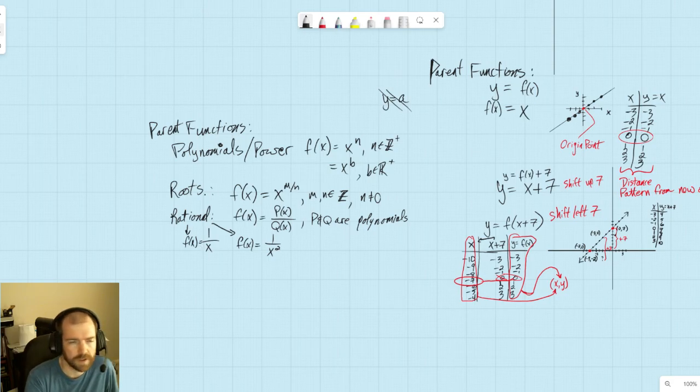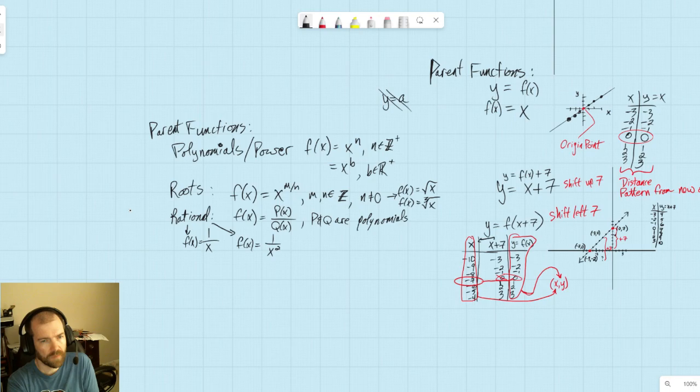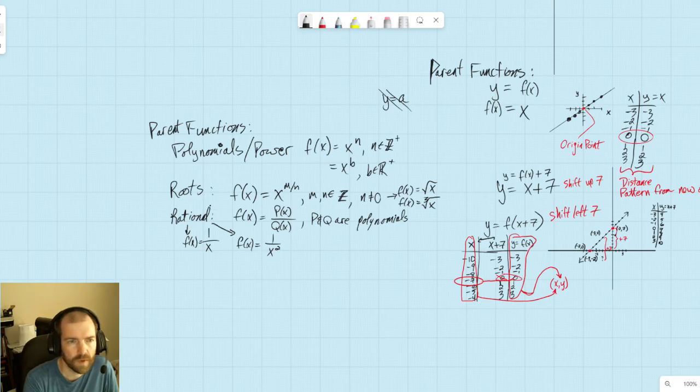Roots, again, we're going to get most basic. F of x is the square root of x, and f of x is the cube root of x. Okay. Root rational. Exponential. Where we get f of x is equal to some number raised to a power, or raised to an x power.